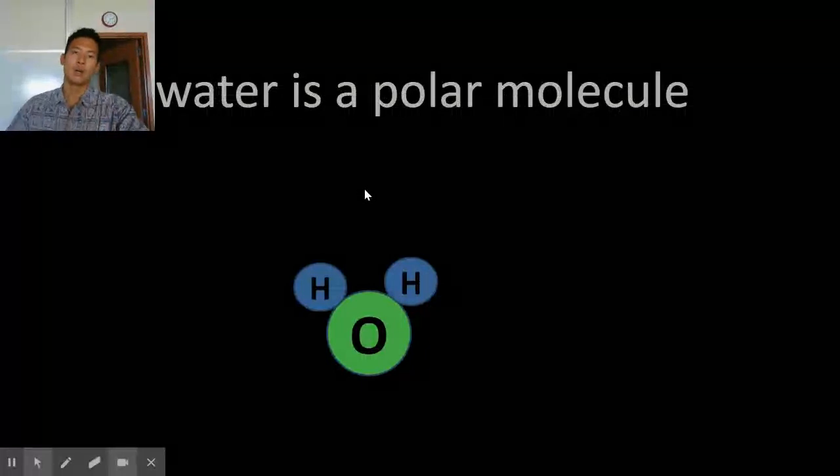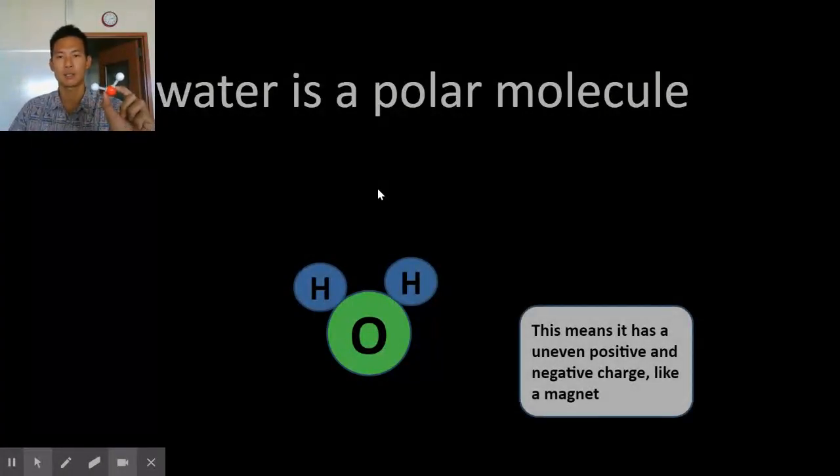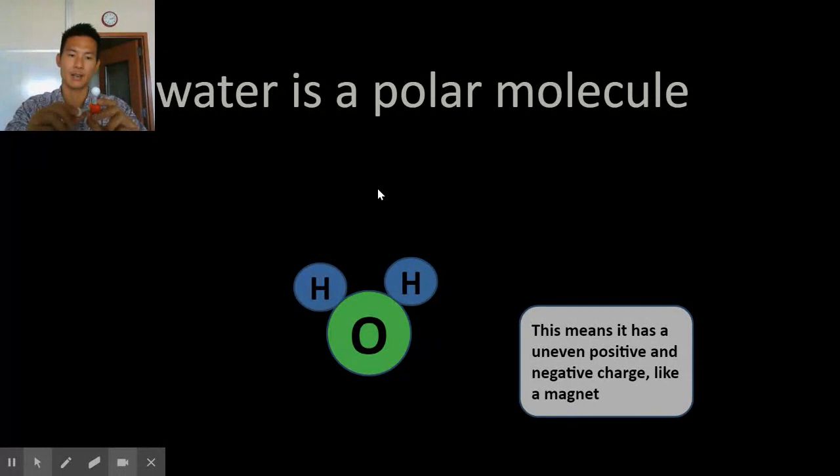Now, because of its unique charges from one oxygen and two hydrogen atoms, water has very unique properties throughout the universe. And you guys have been looking at them through the water lab. It's got what's called polarity. What polarity means is that it's got an uneven distribution of charges, however slight it is.